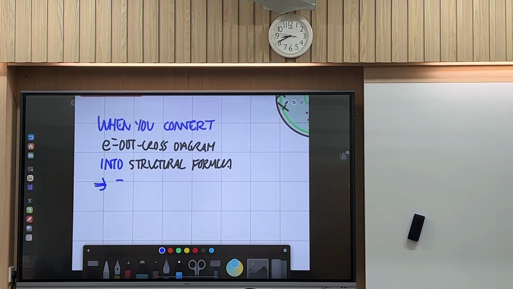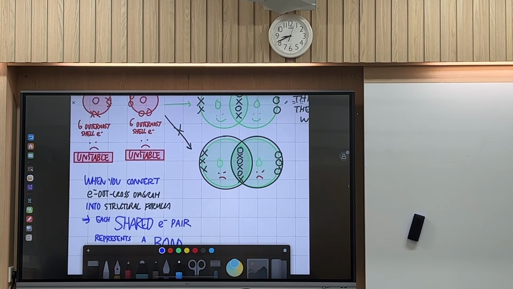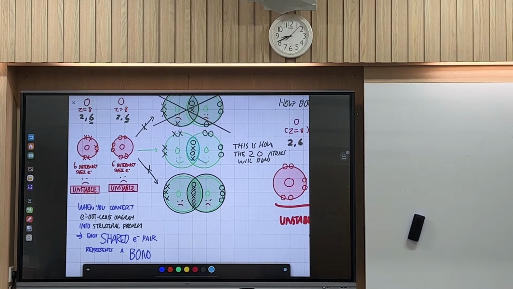Remember, each shared electron pair represents a bond. Where are the electron pairs? These ones. So this represents two pairs of electrons. Therefore, this represents two bonds, and therefore two lines.